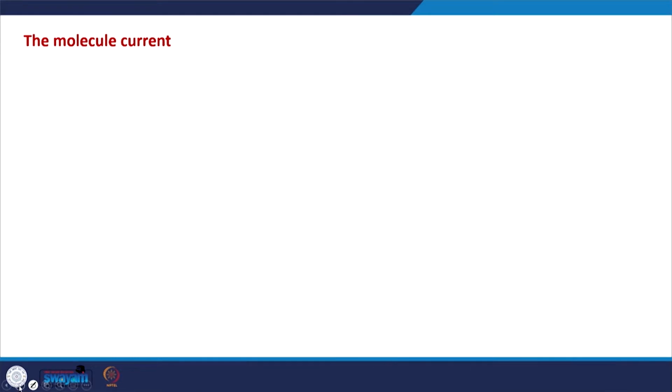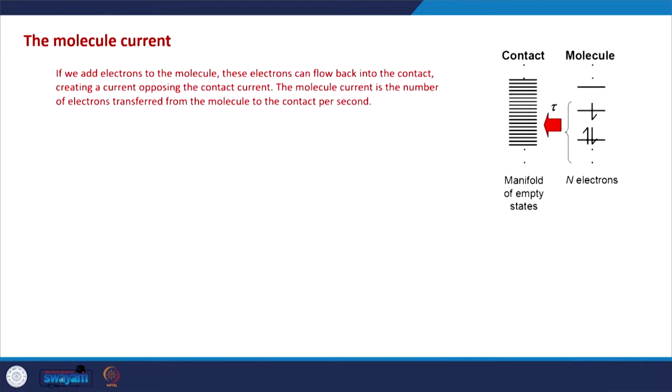Now let's come to the molecule current. The molecule will have n number of electrons in the steady state, and if these electrons see any empty state in the contacts, then these electrons can hop from the molecule to the contact. The contacts, as all of us know by now, have a continuum of states.